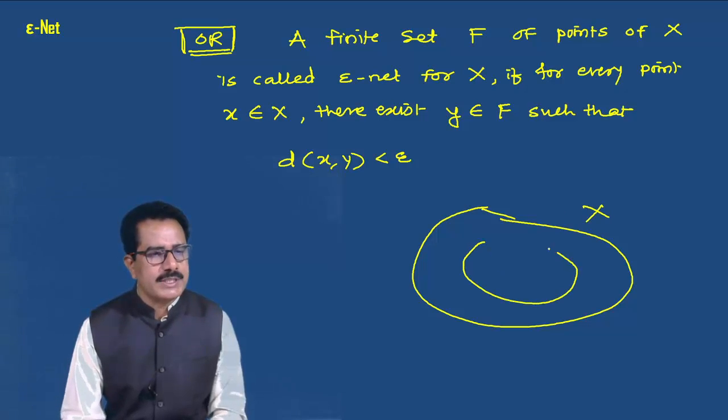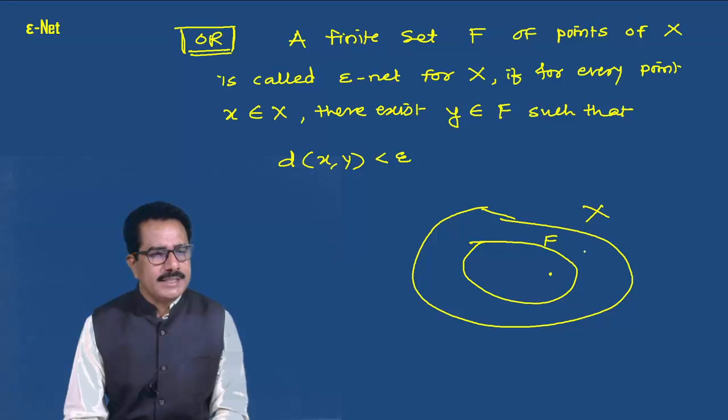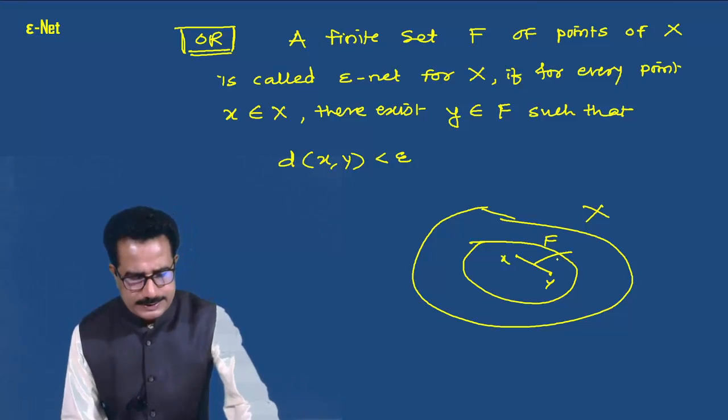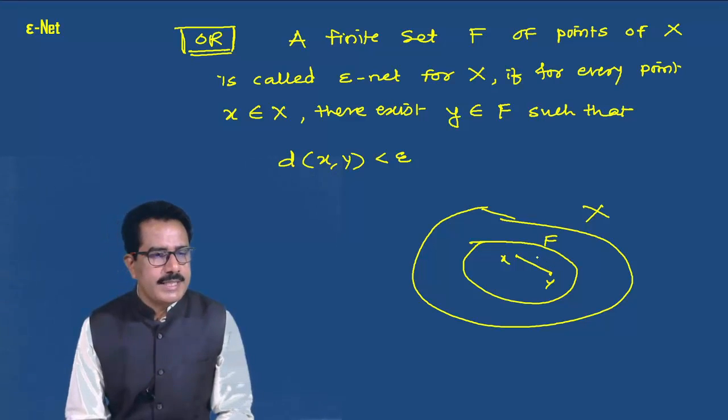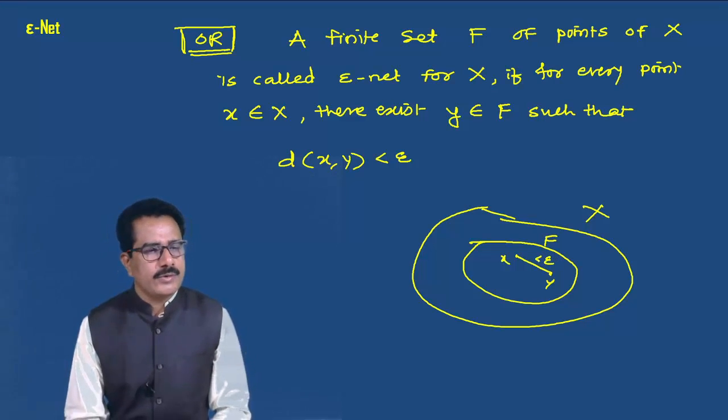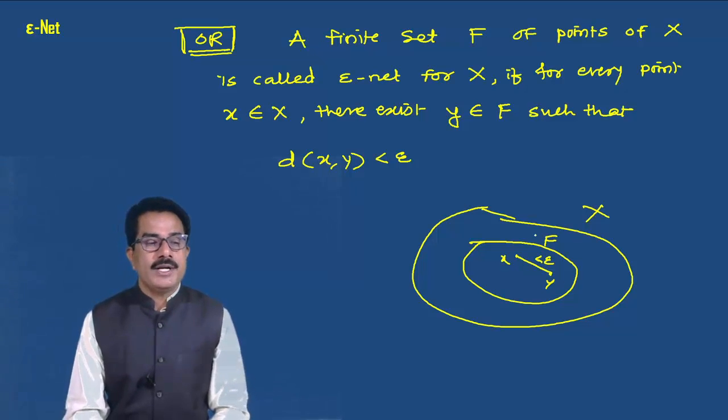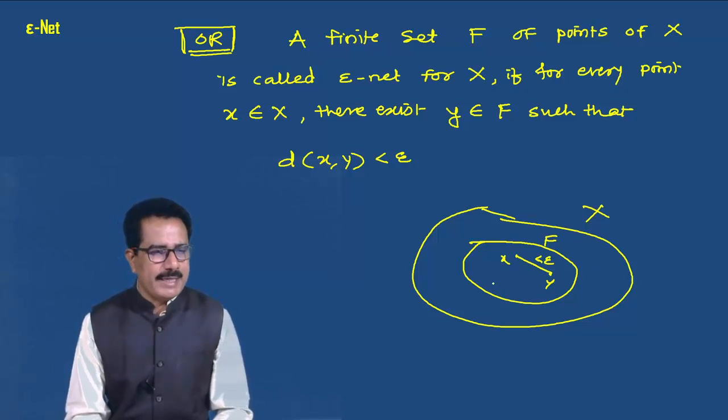Suppose this is x, this is y, then for every point x we can say the distance of x comma y is less than epsilon. See this, here x is a point of X, because you can also take it outside, take it here.